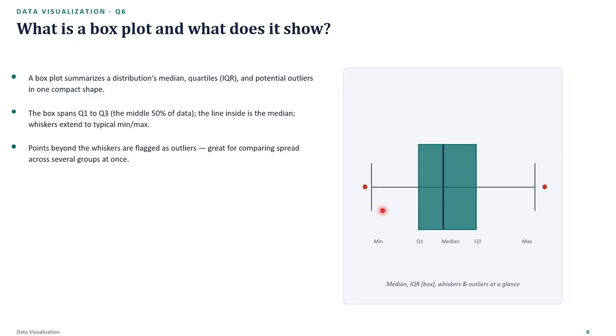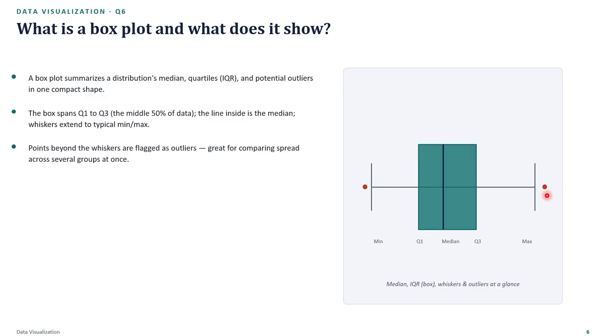A point beyond the whiskers is taken as an outlier, where the whiskers are not indicating the minimum and the maximum. This is to show outliers. So here, if we see, my minimum is going to be somewhere here because this outlier is also part of the distribution.